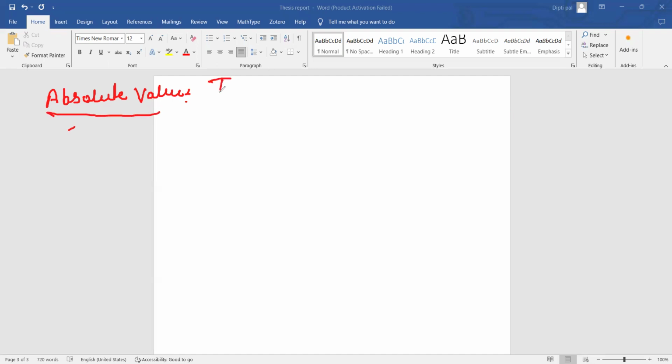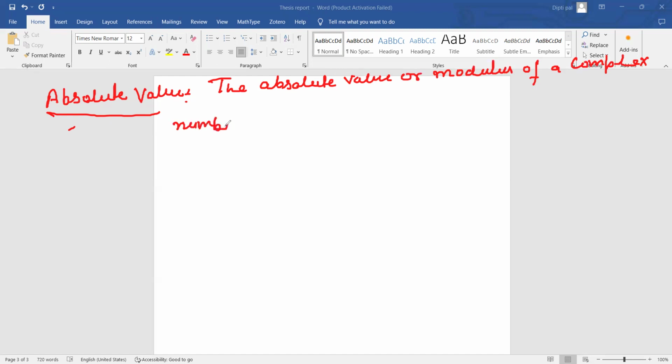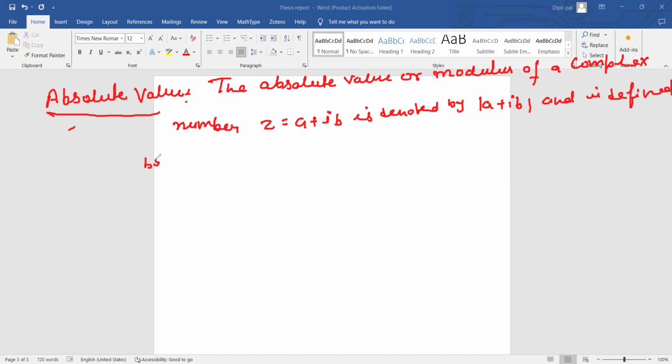The absolute value or modulus of a complex number z equals a plus ib is denoted by modulus of a plus ib and is defined by modulus of a plus ib equals square root of a square plus b square.